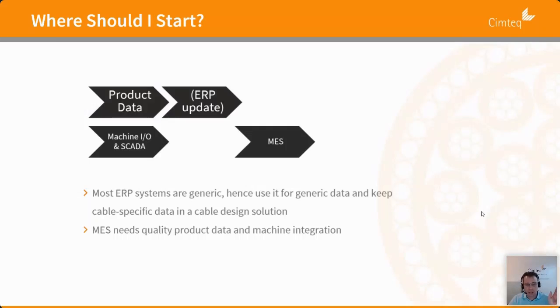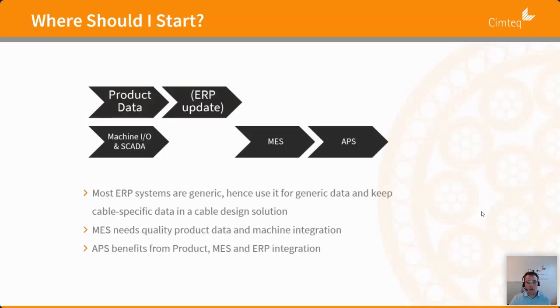How can I connect my ERP and machines and product data? And then I think the best thing is that you make the planning the last step, because the more accurate the data is that you can feed into your planning solution, the more accurate your plans will be.